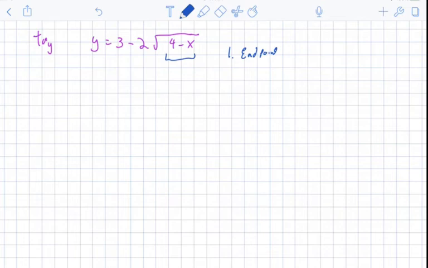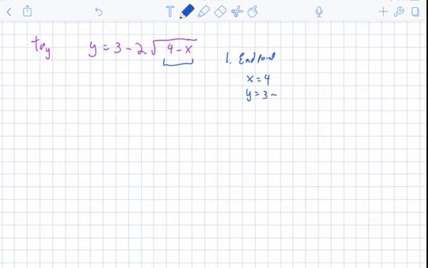So 0 is like the border between good and bad. So its endpoint is going to be at x equals 4. And when x is equal to 4, y is equal to 3 minus 2 square root of 4 minus 4, which is equal to 3 minus 2 square root of 0, which is equal to 3 minus 0, which is equal to 3.